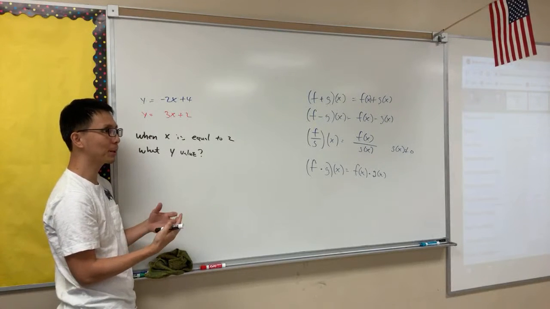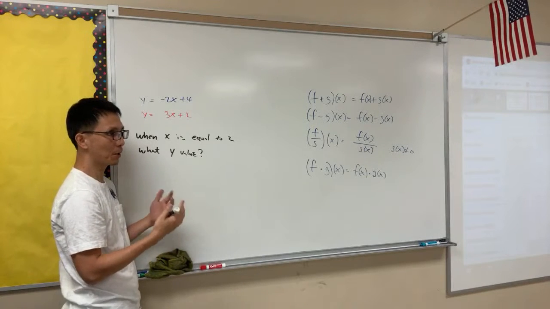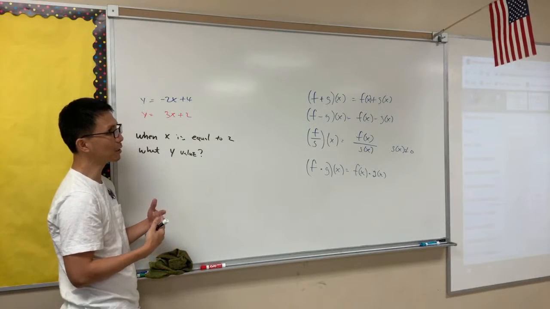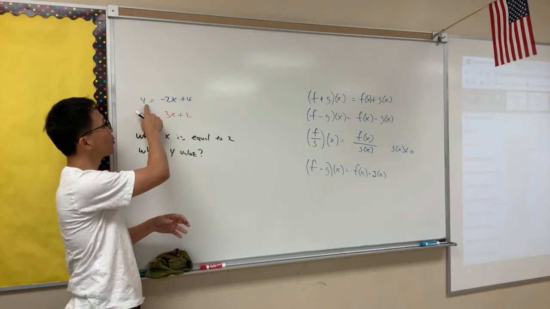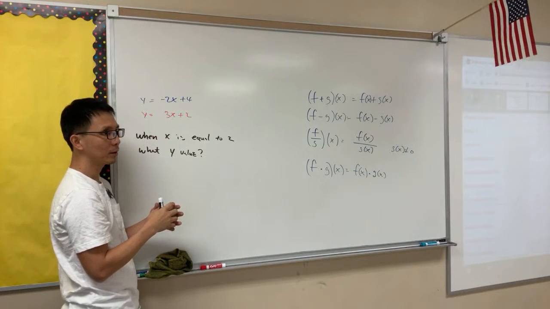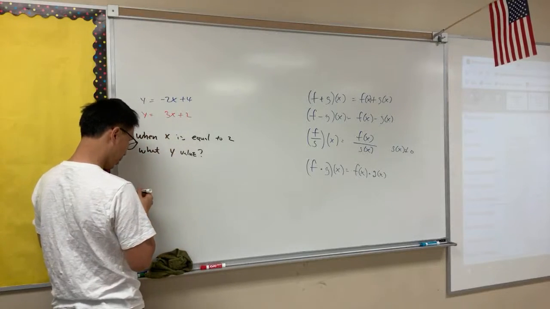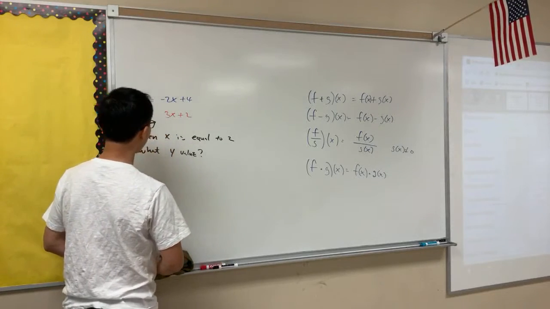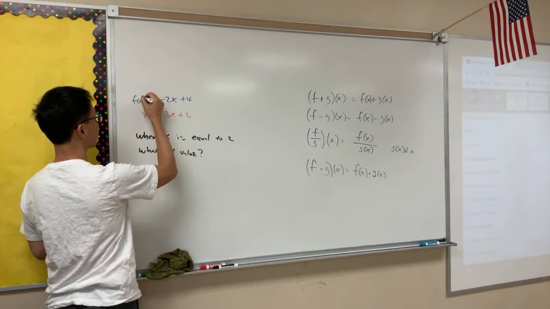So mathematicians say, we have to figure out a way to indicate which equation it is. So we're actually using something called function notation. In place of this y, I'm going to rename it f of x. And the other one we'll name g of x. Let's cross this part out and say, what is f of x?